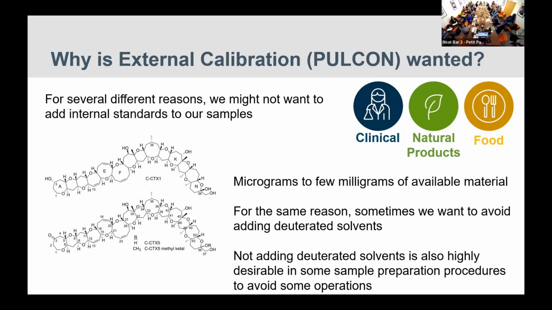So not adding deuterated solvents is also highly desirable in some sample preparation procedures, simply because we might want to avoid some operations. If you're analyzing urine, there is no point in trying to remove all of the water from your urine and then reconstituting that in D2O, because that would add so much uncertainty to what you're doing that you might prefer to analyze water directly.